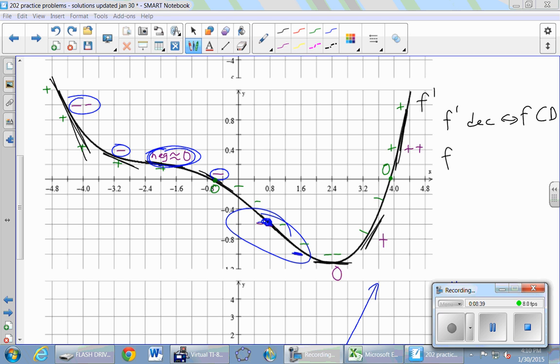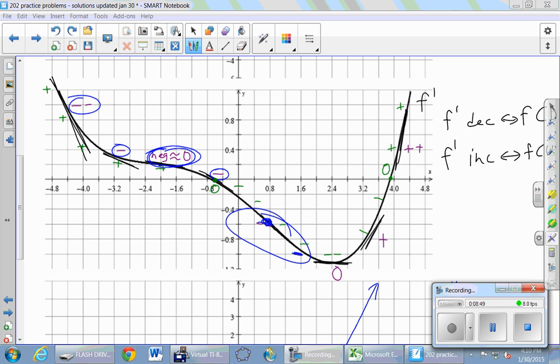And then the inverse of this statement, if f prime is increasing, then f is concave up. So now we can look at the increasing, decreasing nature of the f prime graph. We say, oh, f prime is decreasing, decreasing, decreasing all the way until we get there. So that entire time, because f prime was decreasing, the original f must have been concave down.